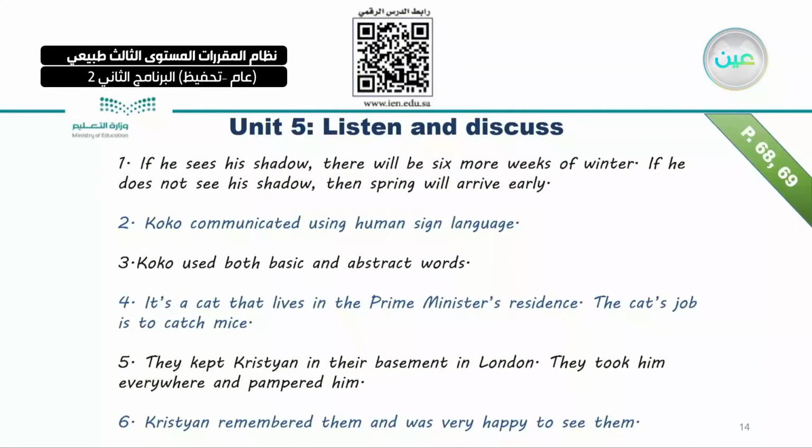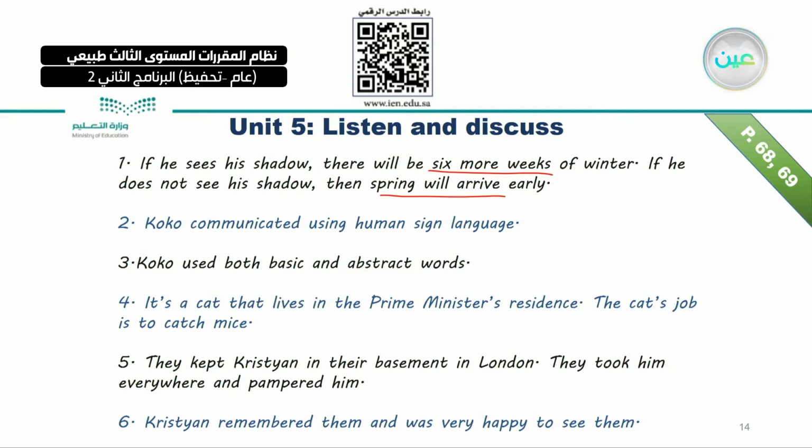Number 1, if the groundhog sees his shadow, what will happen? Of course, there will be 6 more weeks of winter. And if he doesn't see his shadow, then the spring will arrive. So it depends on the shadow. Number 2, how did Coco communicate?